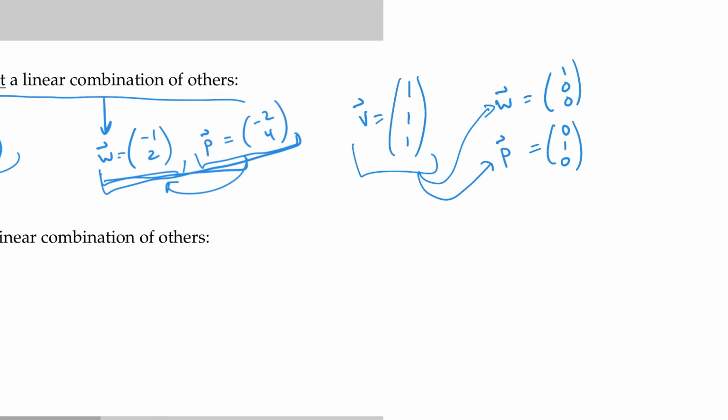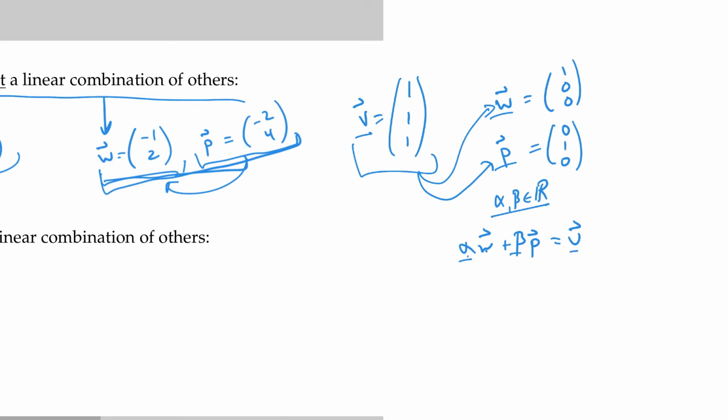So that means there are two constants, let's call them alpha and beta, such that alpha W plus beta P equals v. So let's restate this. If v is a linear combination of W and P, then there must be constants, alpha and beta, that when I hit W and P with them, I get to v.